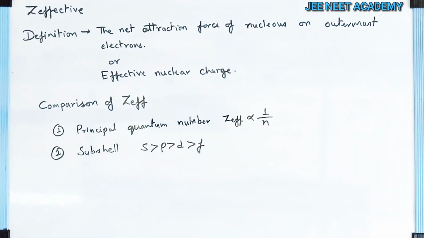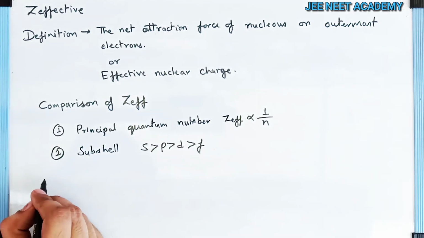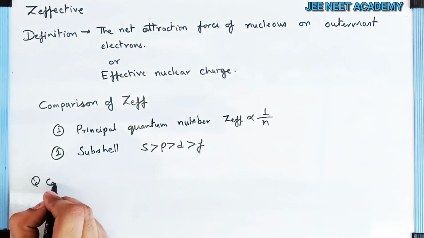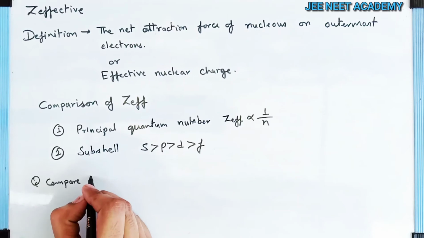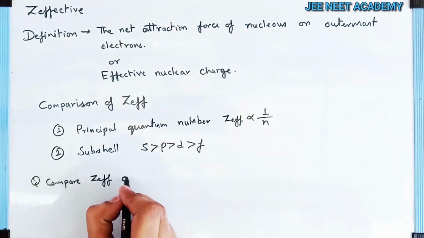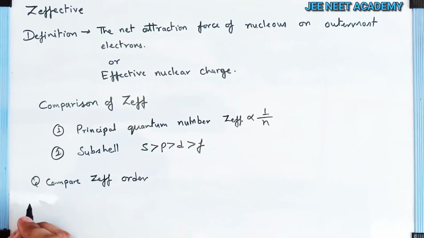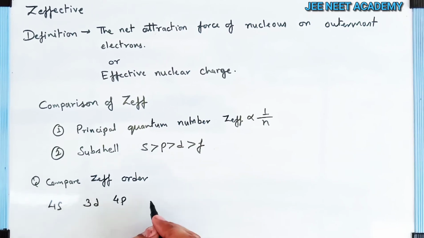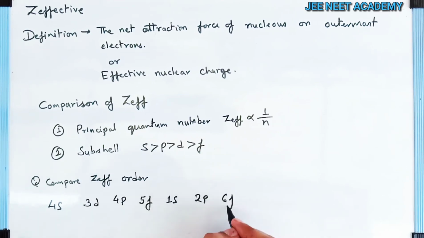We'll solve an example to understand it better. Compare the Z effective order among these. This is the question: compare the Z effective order between 4S, 3D, 4P, 5F, 1S, 2P, 6F, and 5D.